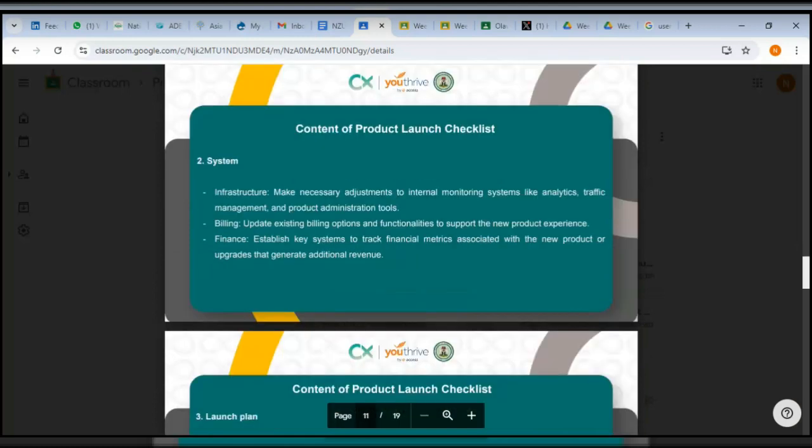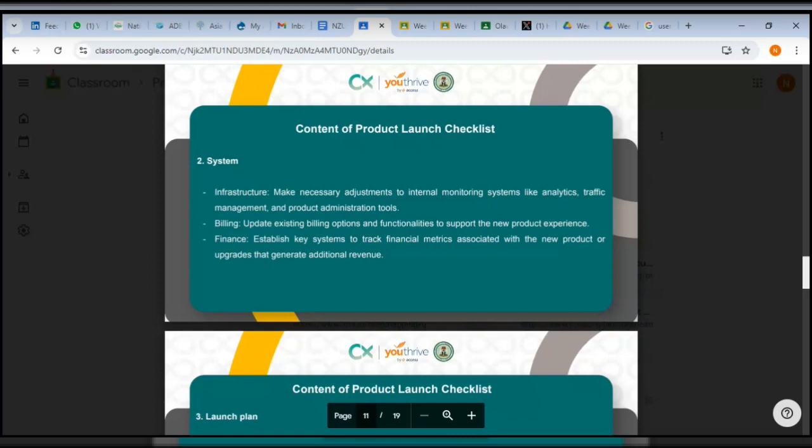Under the system, we have infrastructure. You have to make necessary adjustments to internal monitoring systems like analytics, traffic management, and product administration tools.